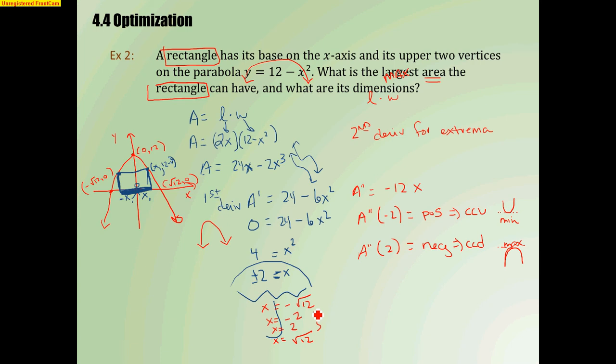Certainly at negative root 12, my parabola is negative, so I'm decreasing. Sorry, wait. I want to make my conclusion here before I do my endpoints. I'll do the first derivative test over here. But I wanted to show you that with the second derivative test, I can show that at the interior point of 2, I have a maximum.